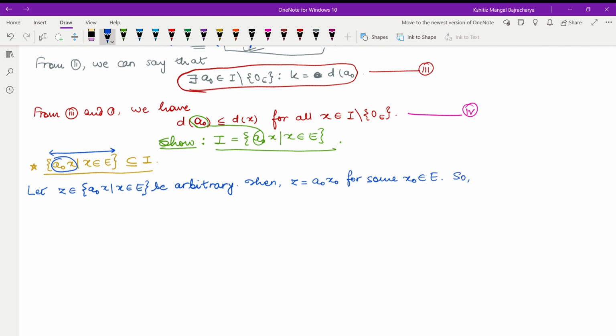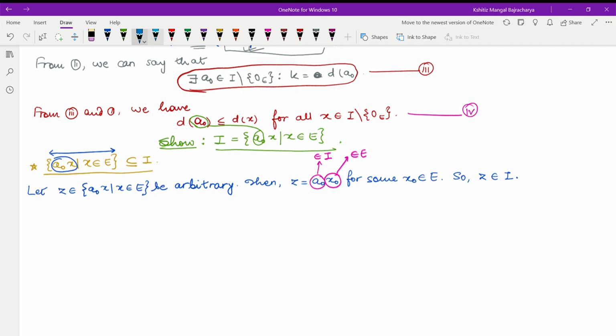So we can say that Z belongs to I. Why? Because a0 already was a non-zero element of I, so it is necessarily an element of I, and x0 is some element of E.